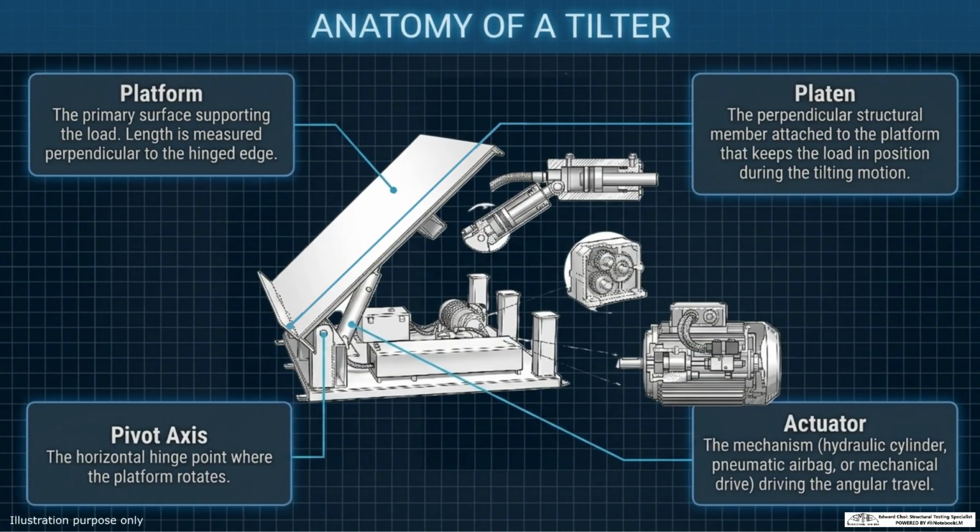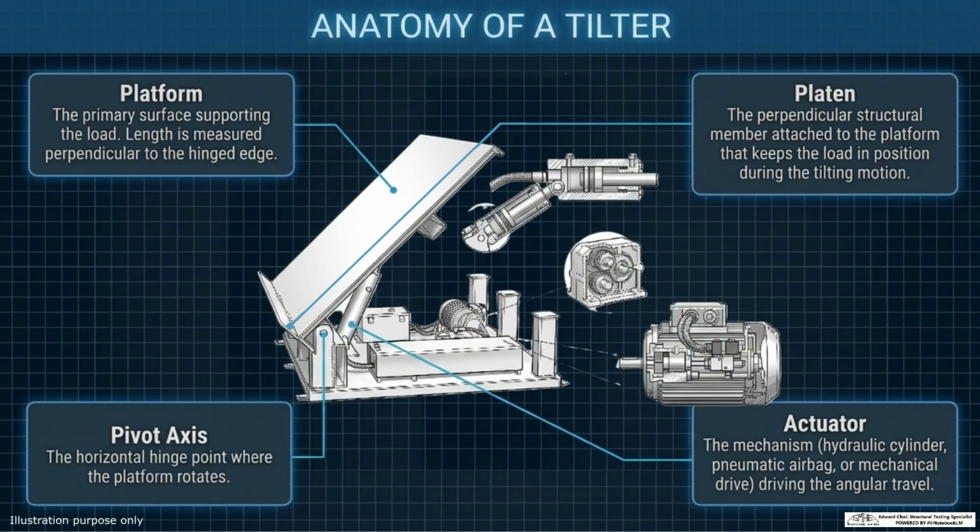Before we get into hazards and requirements, let's establish a shared vocabulary. A tilter has four primary components: the platform, the load-bearing surface, measured perpendicular to the hinged edge; the pivot axis, the horizontal hinge point around which everything rotates; and the actuator, the hydraulic cylinder, pneumatic airbag, or mechanical drive that creates the angular motion.